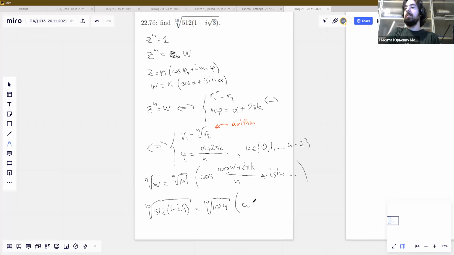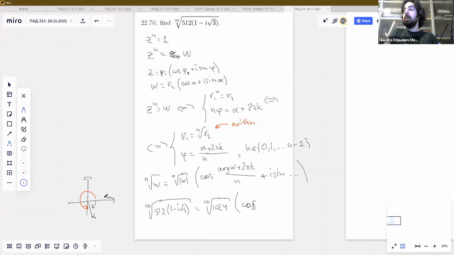Likewise, for the angle, we need to know the argument of this. So if I draw this number 1 minus i square root of 3, then it looks like this. So this argument, the course usually uses arguments from 0 to 2 pi, right? So the argument should be this angle.